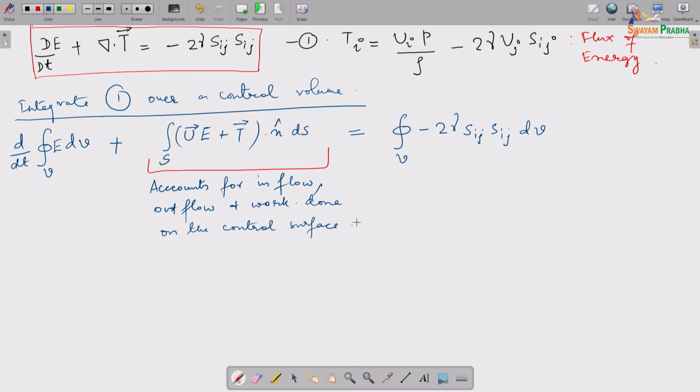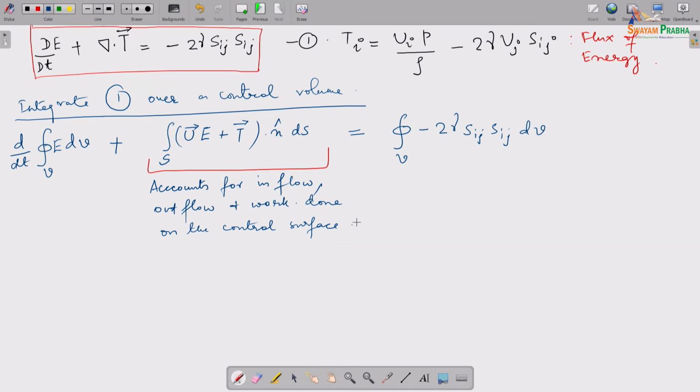So essentially it represents the transfer of energy from one region to the other, this flow happening across the control surface.